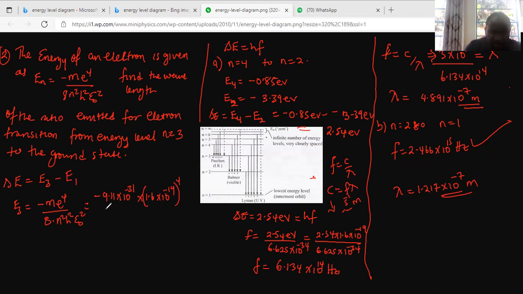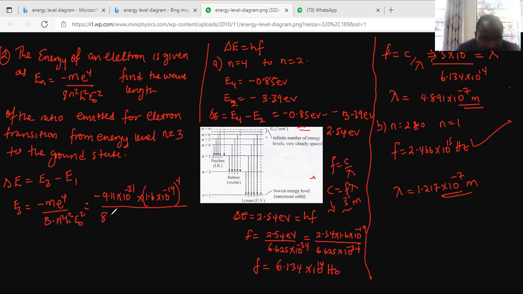With this, I expect people to have smart calculators and smart heads plus smart fingers, because we need your reaction time. The rate at which you're going to press your calculator to get the correct answer is key, because these are very huge figures to deal with.